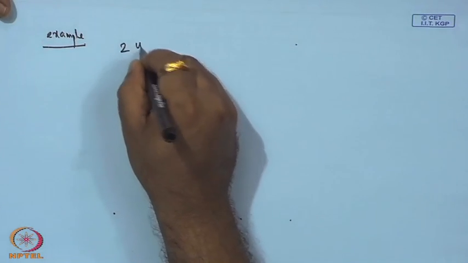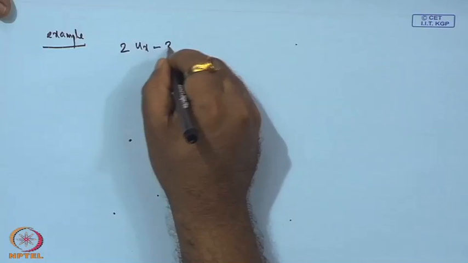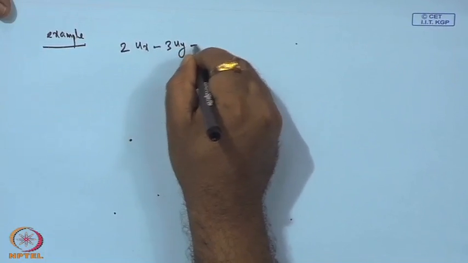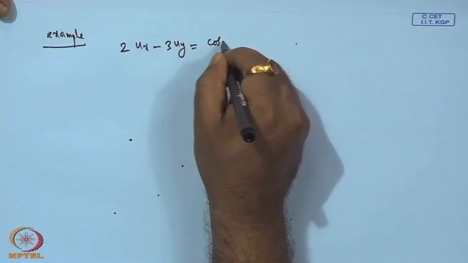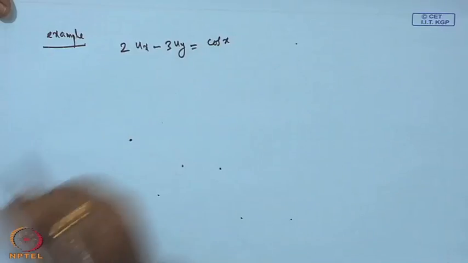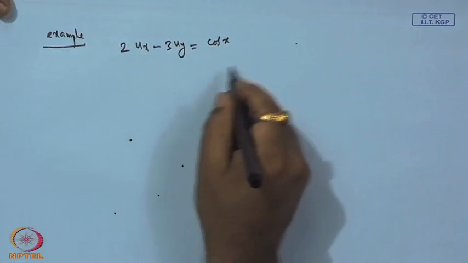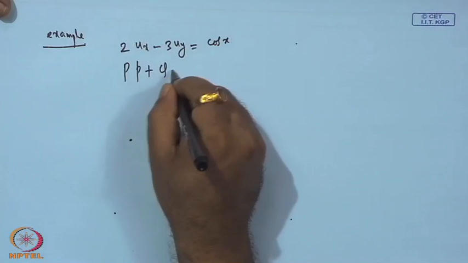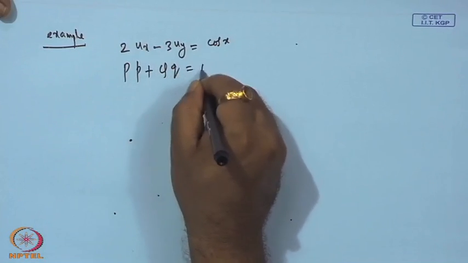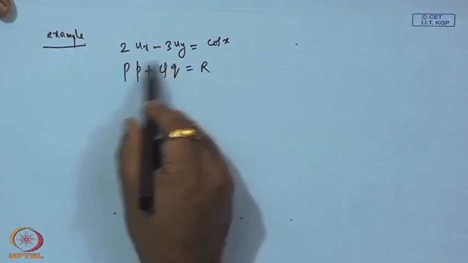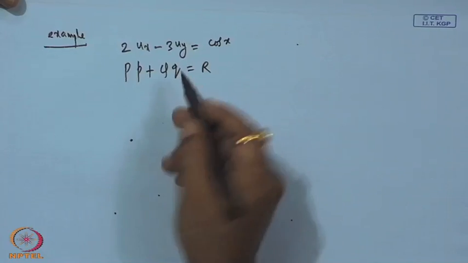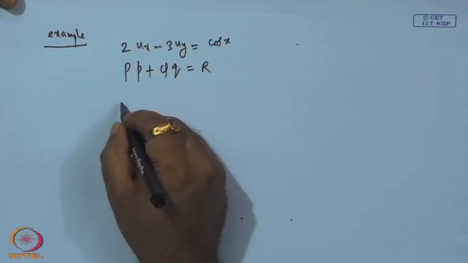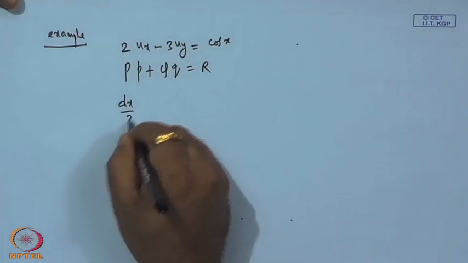It is very elementary because of the constant coefficients. This is of the form what we started, p plus q equals, though p and q are constant coefficients. So, we can adopt the method, using Lagrange's method.